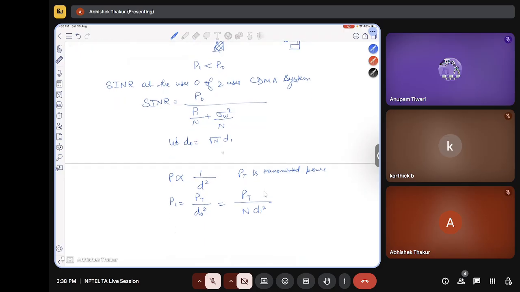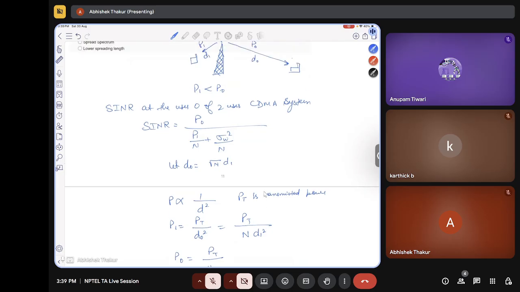Okay. Similarly, P0 is equal to PT by... So SINR at the user 0 is here.